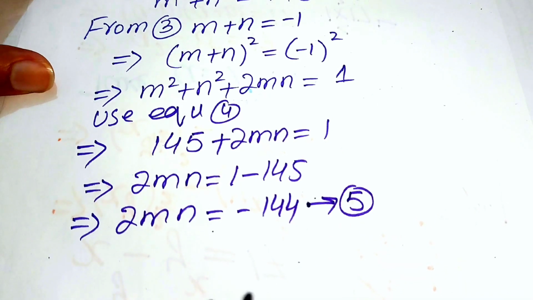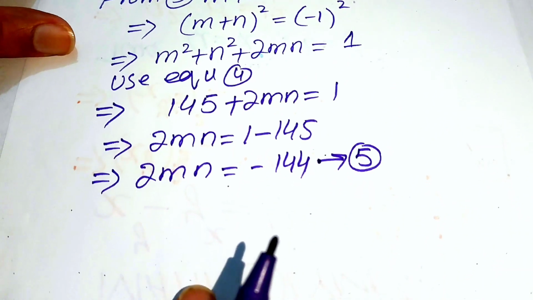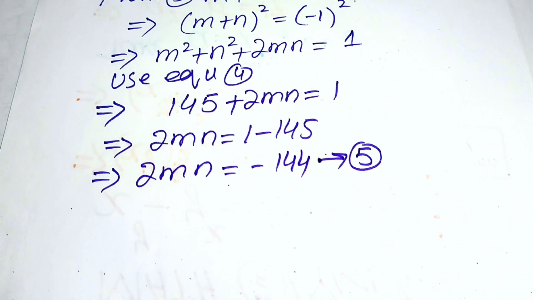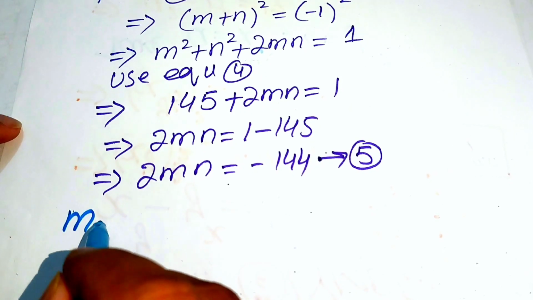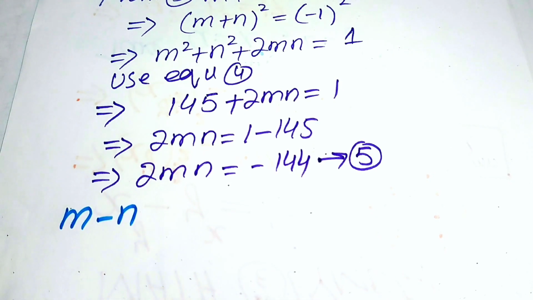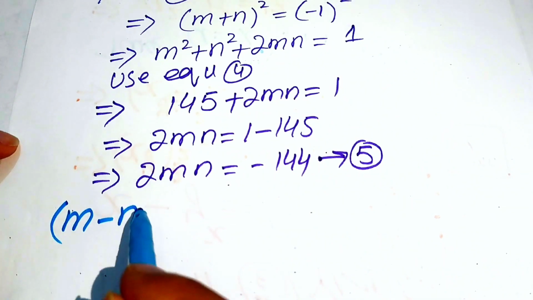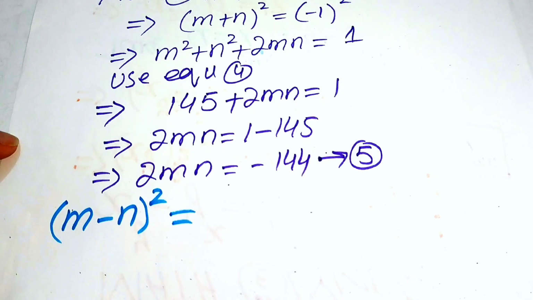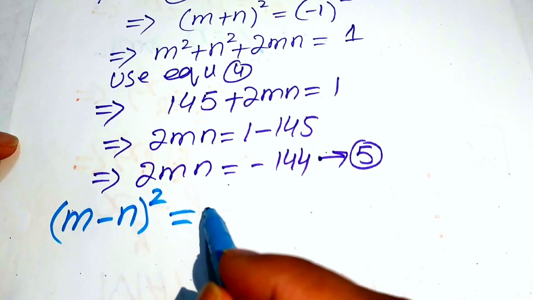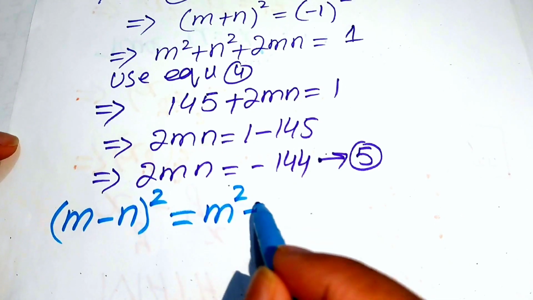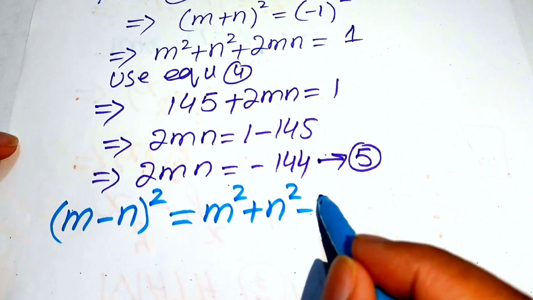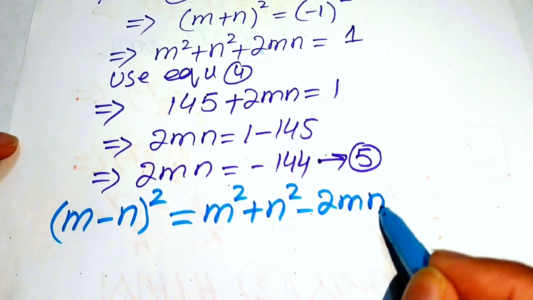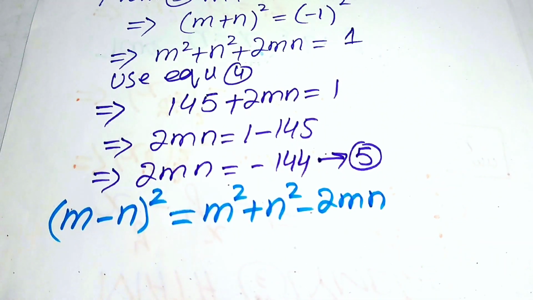Because our target is to find the value of m minus n, now we move towards our main target. We take the square of m minus n, and we know that the square of m minus n equals m squared plus n squared minus 2 times m times n.